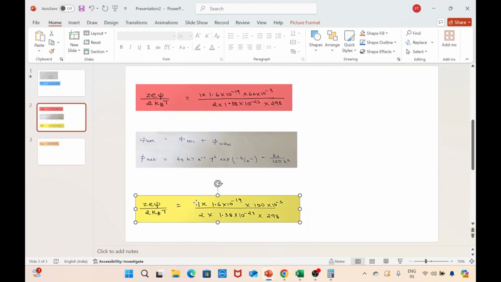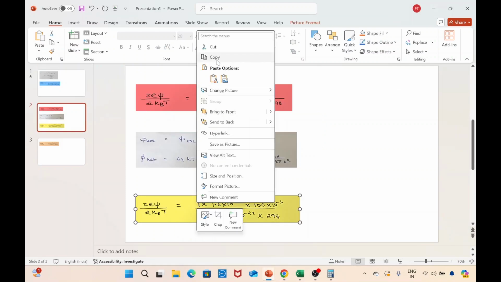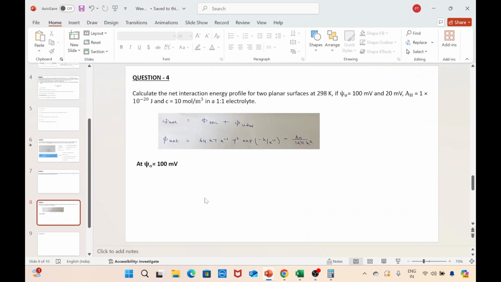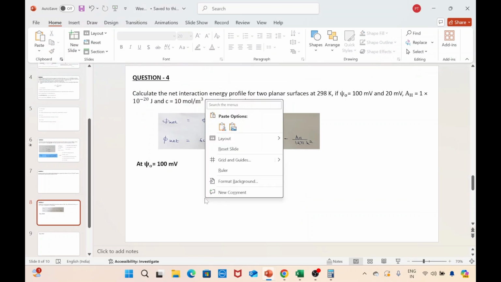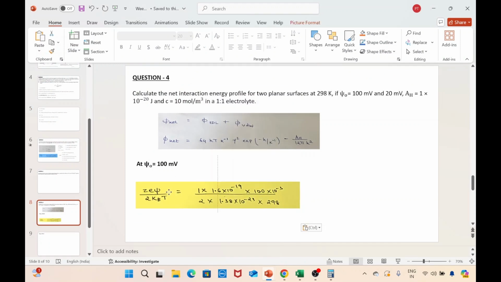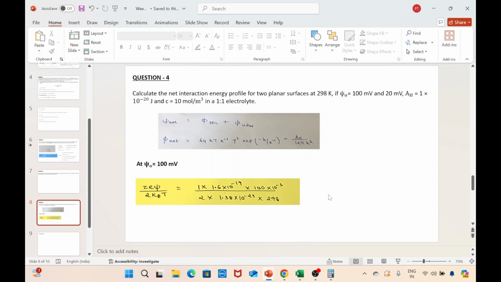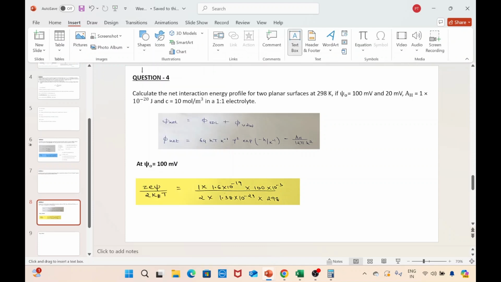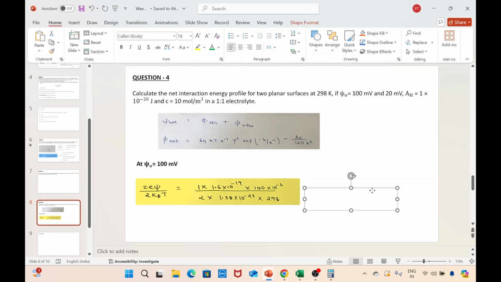I have some expressions previously calculated. If you consider the surface potential, first case, as 100 millivolt, then we use this expression. To calculate your gamma naught, we use ZE psi naught by 4 kBT.